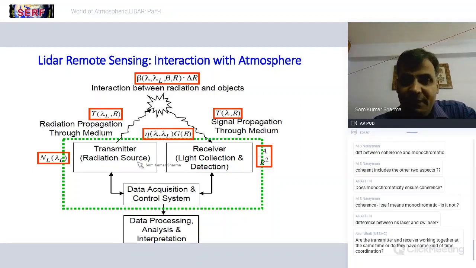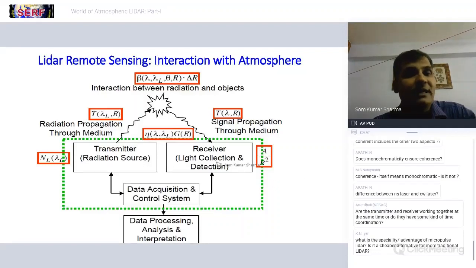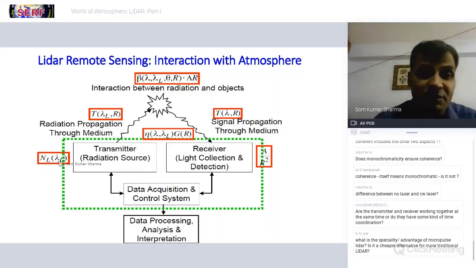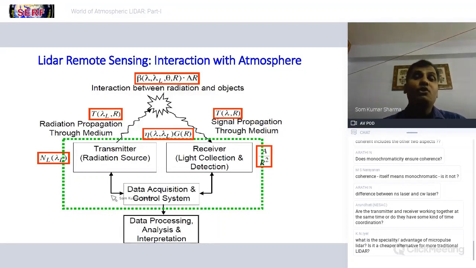So the transmitter is a laser source, the radiation source; the receiver does light collection and detection. In the transmitter, basically, it is how many photons, how much power you are pumping into the atmosphere. And here, how much you are collecting depends upon the area of the telescope, or the solid angle, A upon R square.